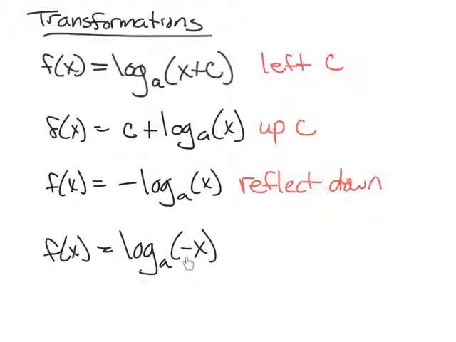If I have a negative value in front of the argument, my x values have to be negative to make the entire argument positive. So that's going to reflect across the vertical asymptote. And again, when we combine transformations, you want to reflect first and then translate. We usually translate last.